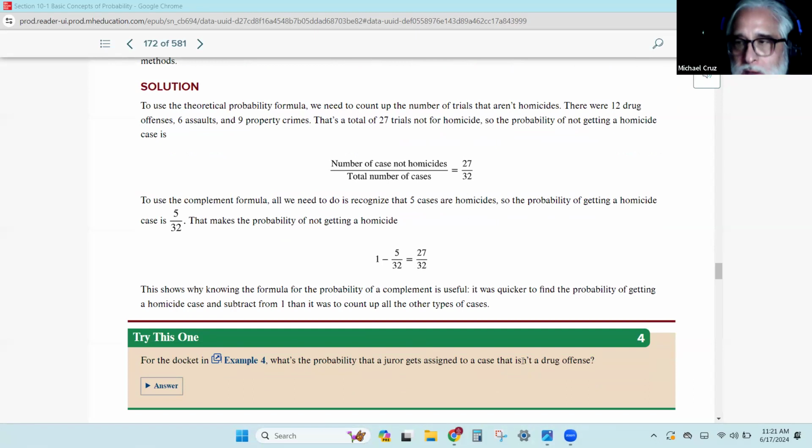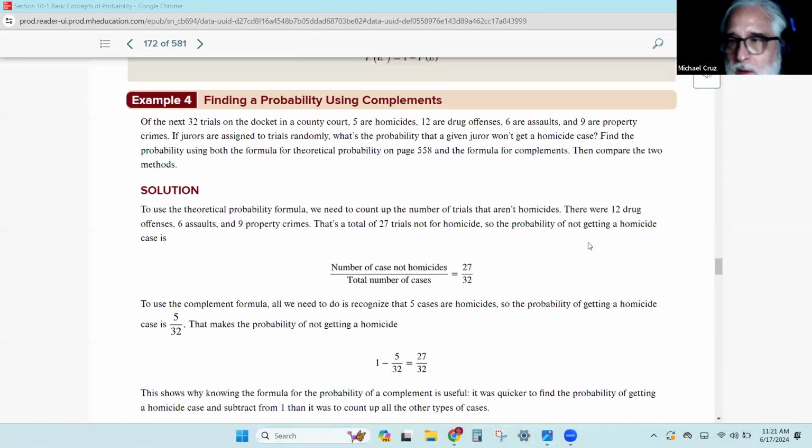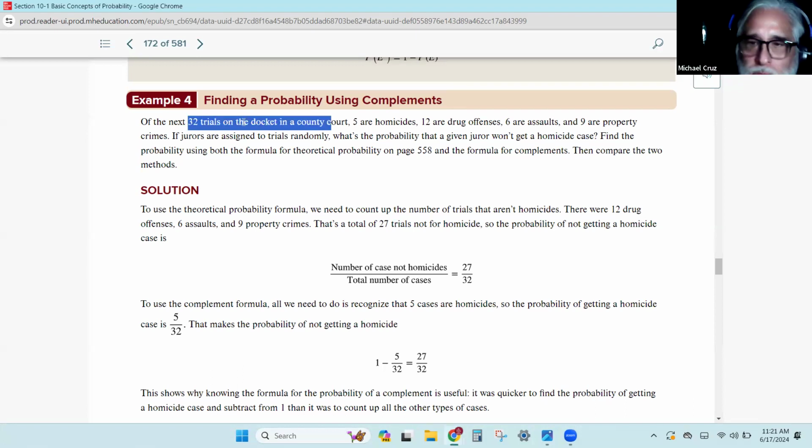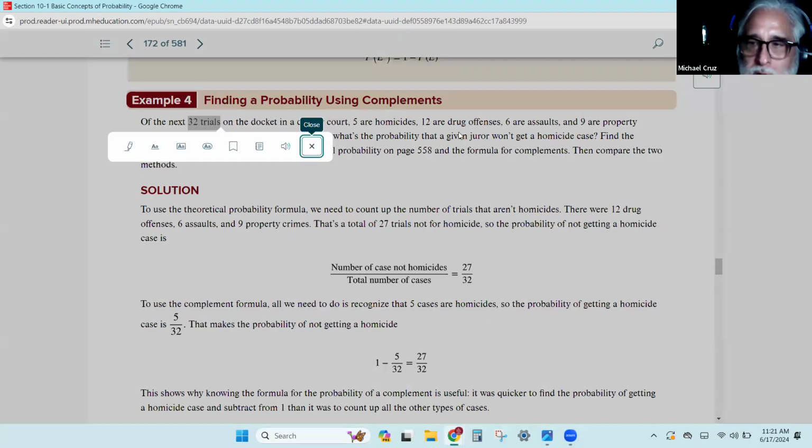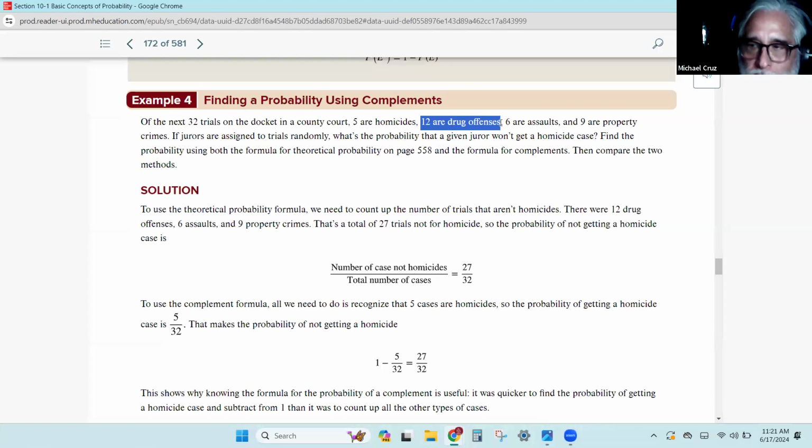So, isn't a drug offense. All right. So there's 32 trials. 12 are drug offenses.